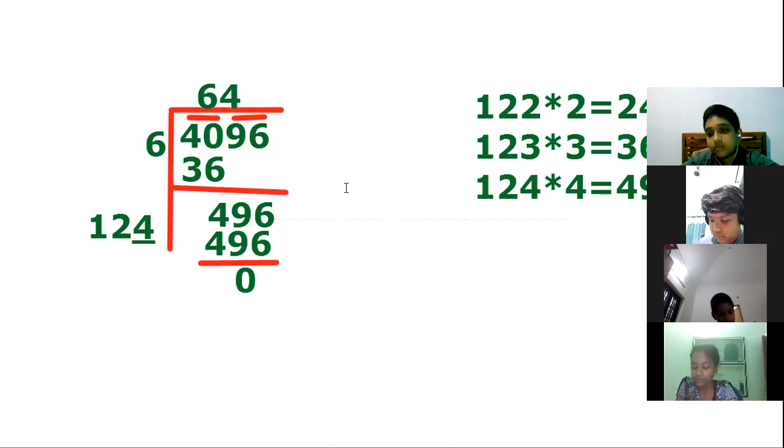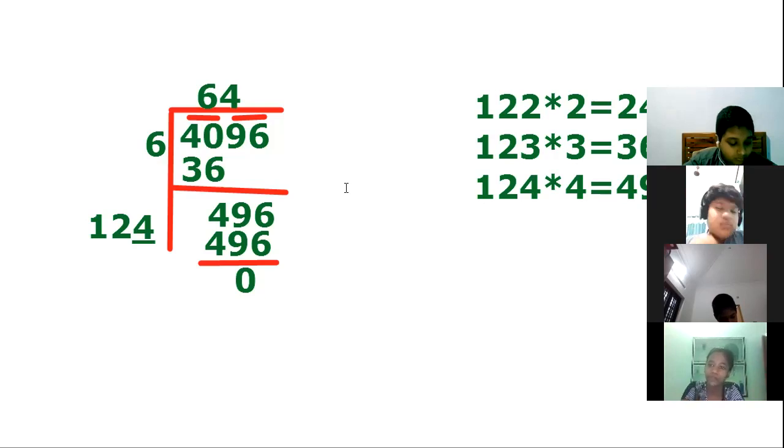Okay, did you get the idea? Then you just read out the steps given in your textbook. Step 1: place a bar over every pair of digits starting from the 1's digit. After that we have to pair them, and then find the largest number whose square is less than or equal to the number under the leftmost bar.